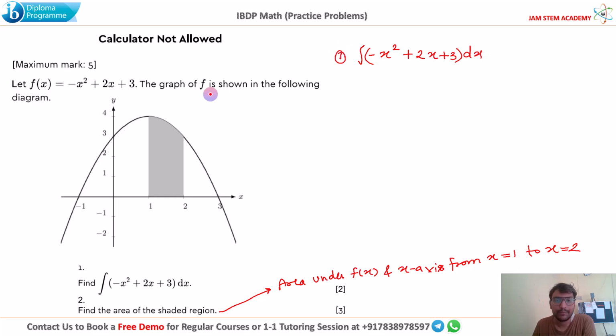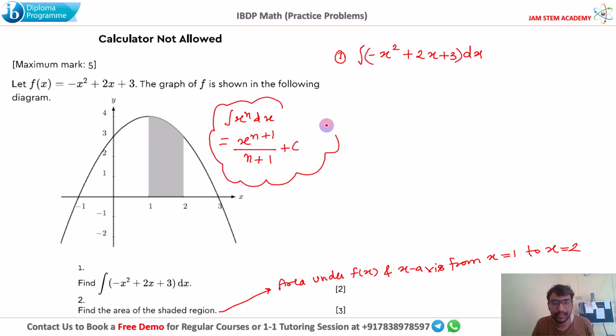Okay, so I'm going to use the formula which is given by integration of x raised to the power n dx is given by increase one power, x to the power n plus 1 over n plus 1 plus c. This is the integral formula for x raised to the power n, but remember that n value must not be equal to minus 1. This formula will work if n is not equal to minus 1 only.